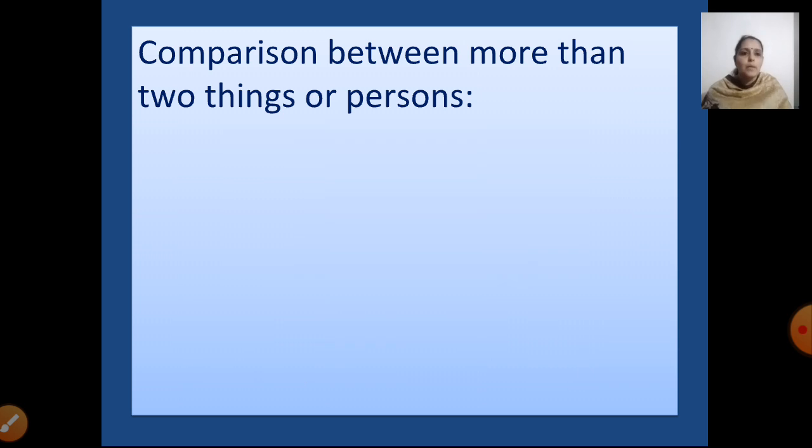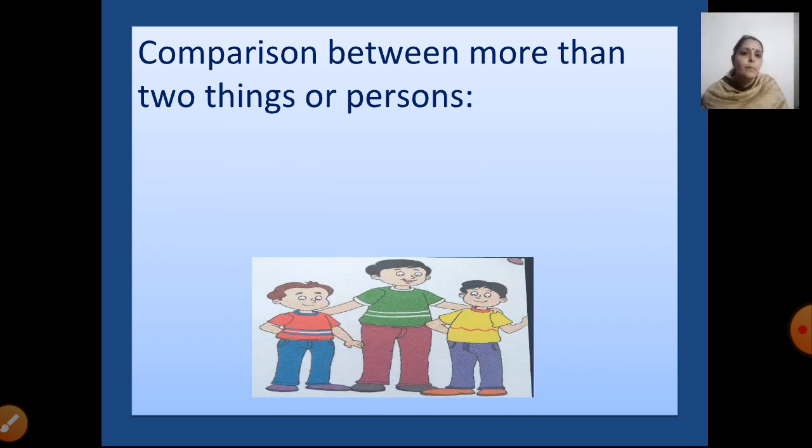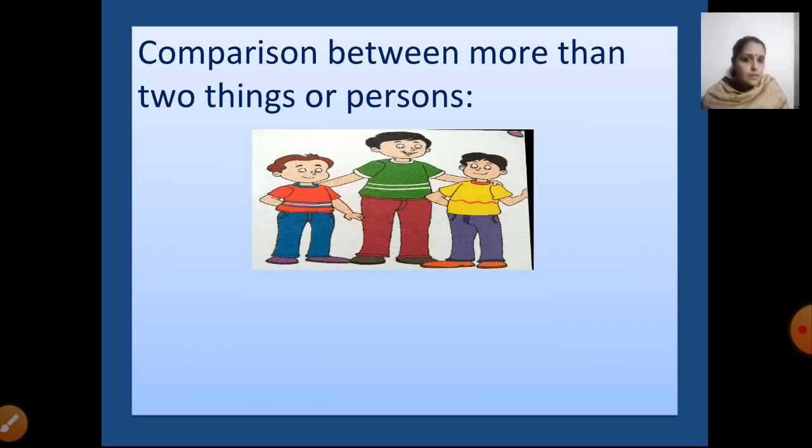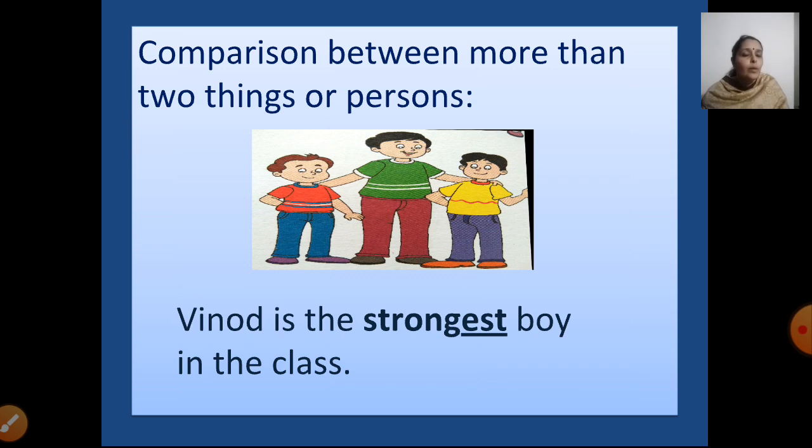Now let us see some more examples. Look at this picture. Yes. Now, if I say Vinod is the strongest boy in the class, there are more than two boys, right?